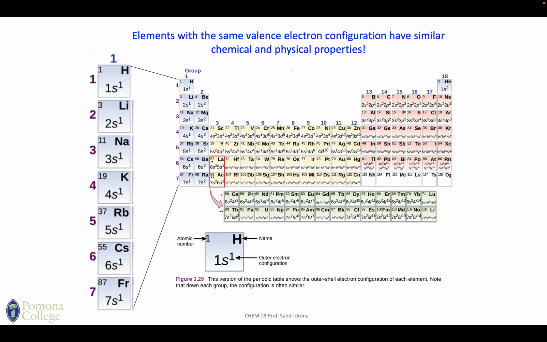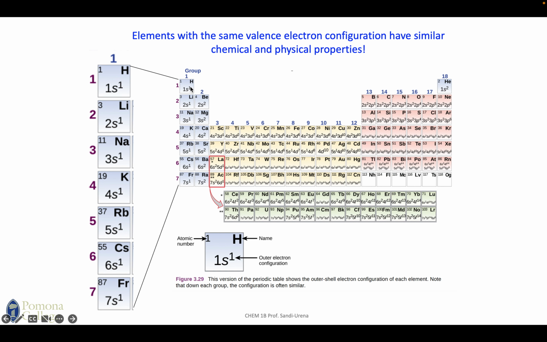And the other thing to notice, which I mentioned before, is that when we have a family, a group, a column, all of these three refer to the same thing, we see that the configuration of the valence electrons are the same.